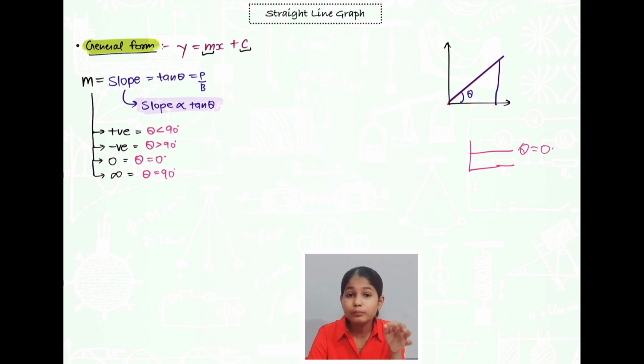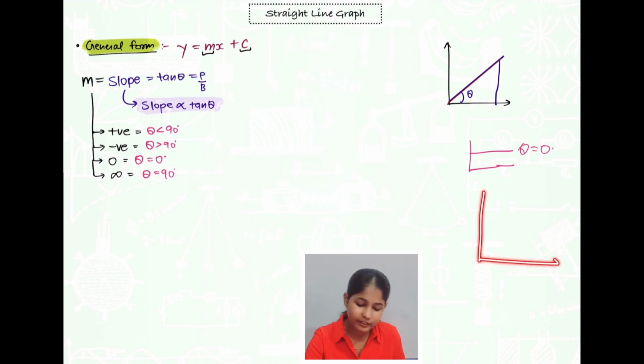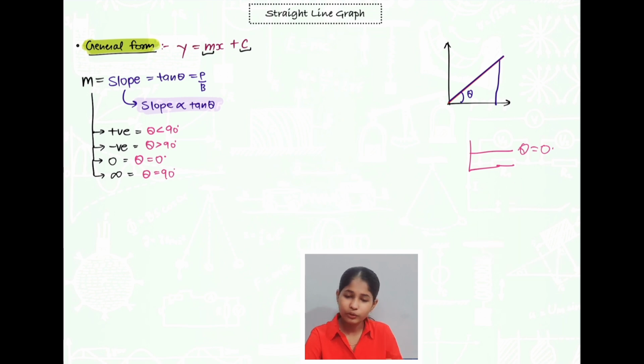When the theta is equal to 0, the slope will become 0. When the theta is equal to 90 degree, the slope will become infinite, like this. So the theta is 90 degree, so it will form infinite slope.